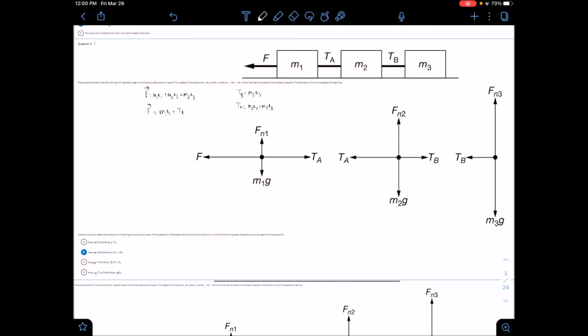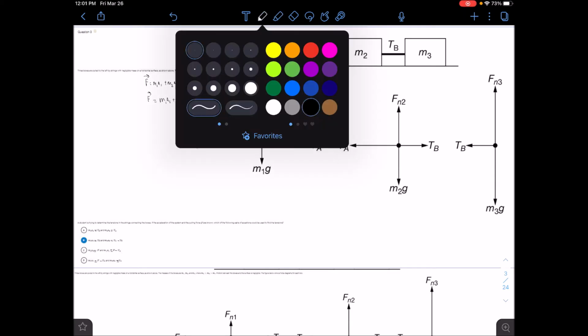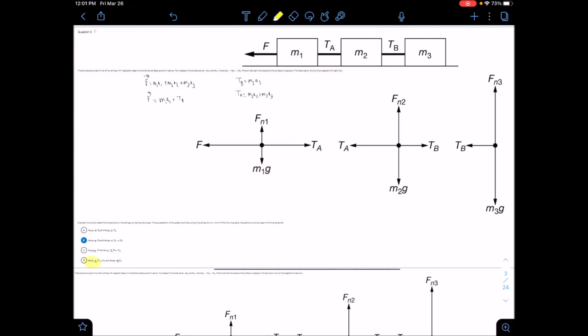And so if we look at our equations, we see that, here, let me use a different color. I'm going to underline the ones that are right. We see that this equation is valid.